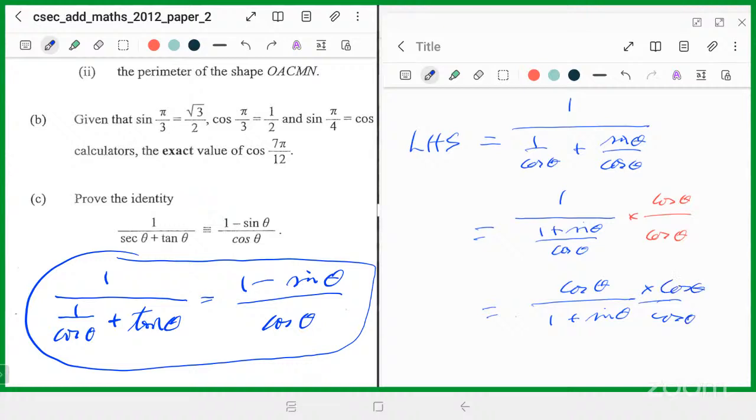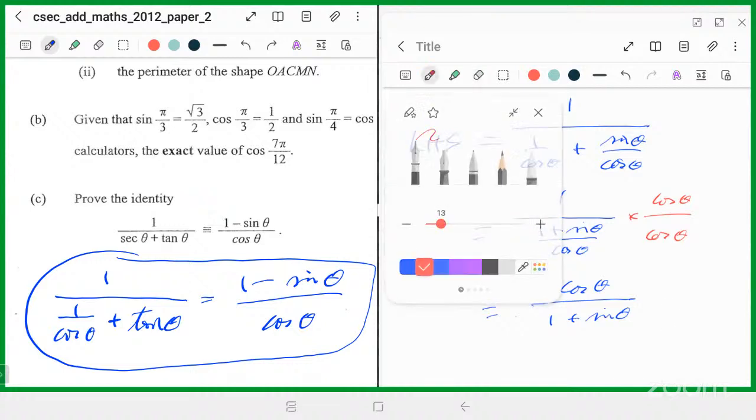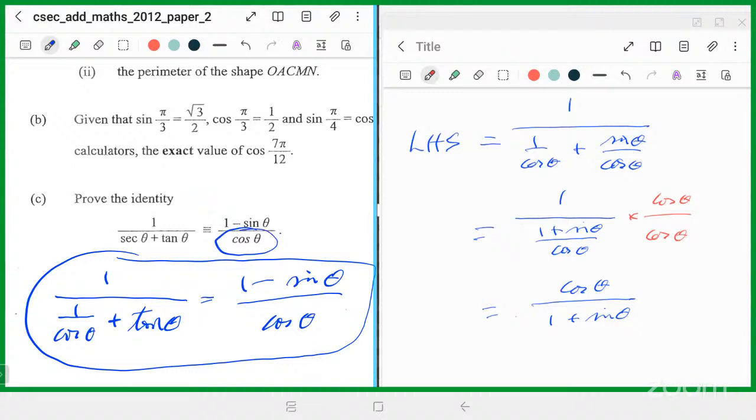Either way, we end up with the correct answer. I'm going to multiply numerator and denominator by cos theta again.